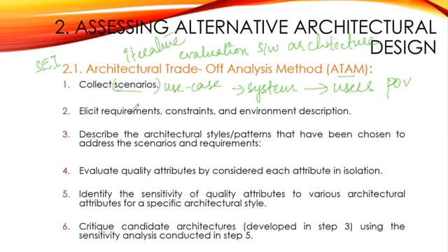The second one is eliciting requirements, constraints, and environment descriptions. Now, within this, whenever you're collecting all the requirements, this is collected at the requirement engineering phase. So you're going to collect all this information, and you're going to see whether all the stakeholders' concerns are addressed or not.